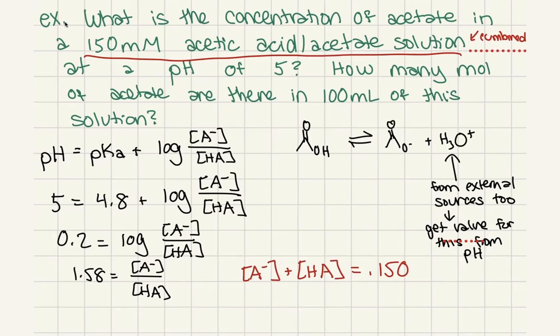That's what we're trying to solve here, right? So if we set our acetate equal to X, then our HA is going to be 0.150 minus X, because then together they would equal 0.15. And so what we could do is say 1.58 equals X divided by 0.150 minus X. And now we just have to plug and chug.